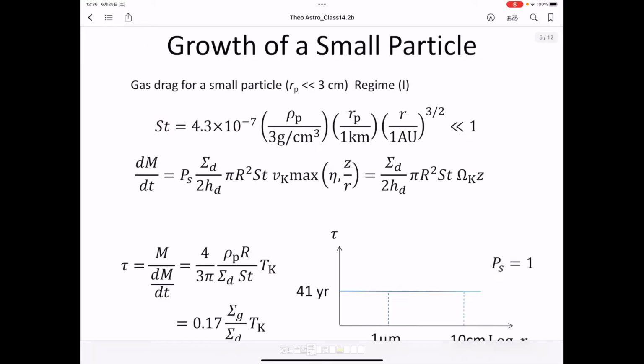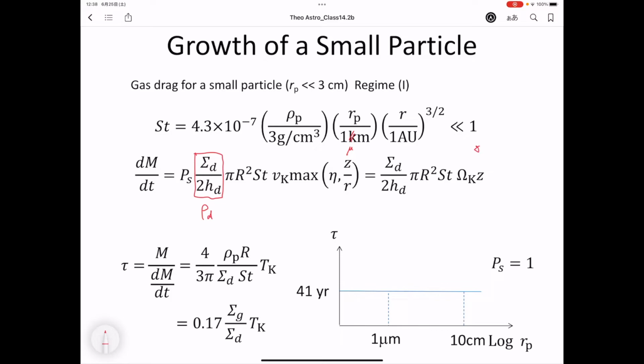Then we start considering the growth of small particles. Stokes number is equal to 4.3 times 10 to the minus 7 when the r sub b is 1 micrometer. So this number is much smaller than 1. Growth equations can be expressed like this because sigma sub d over 2h_d is equal to rho sub d, and pi r squared times St times v sub k, maximum value of eta z over r.